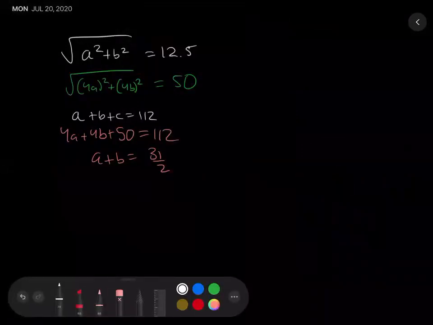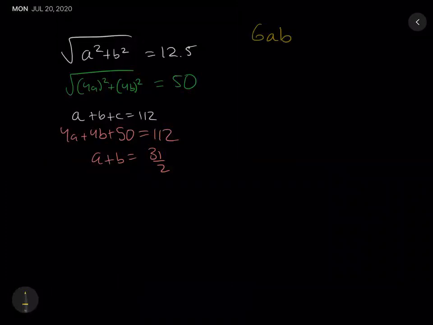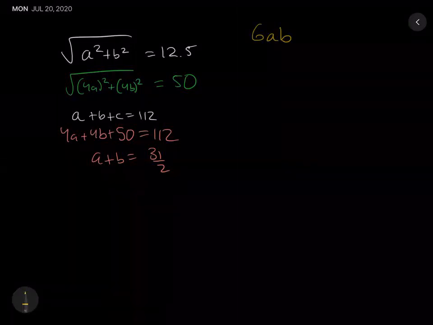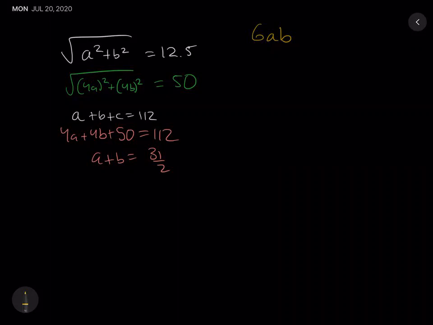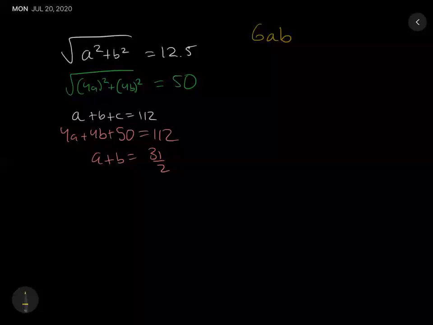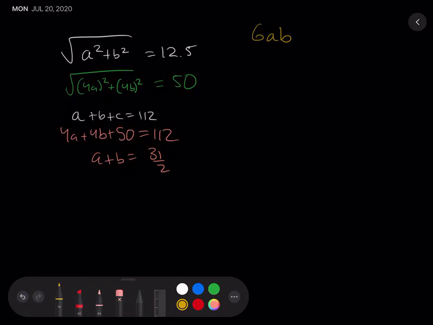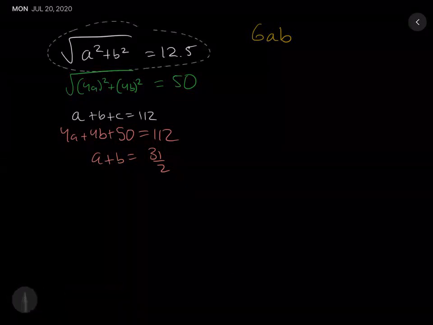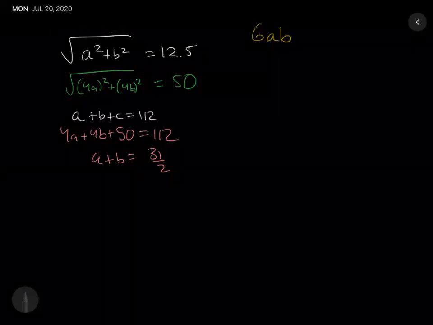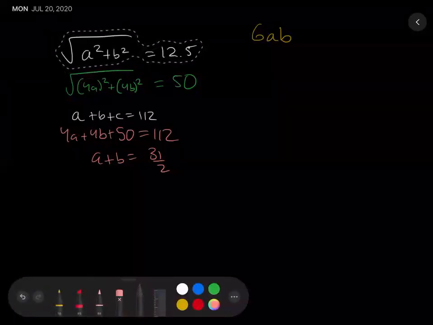So now we have to find 6ab. I told you this is going to be bashy, so here we are. If you remember the algebraic manipulations class that we did, you might recognize some of this. We know what a squared plus b squared is, and we also know what a plus b is. If we square this part, let's do that right now.